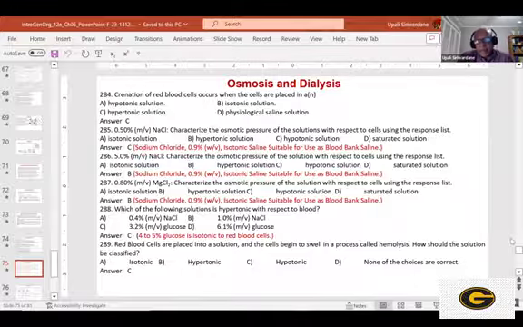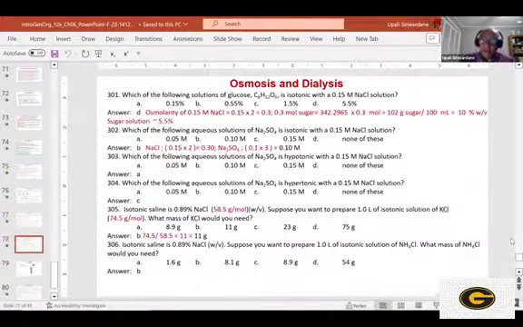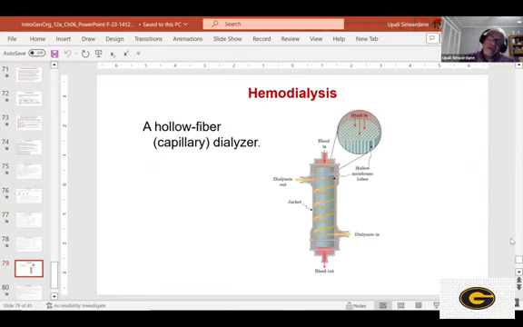So if a person doesn't have properly functioning kidneys, they have to undergo dialysis. Dialyzer removes water from the blood to the urine as well as glucose and small molecules.